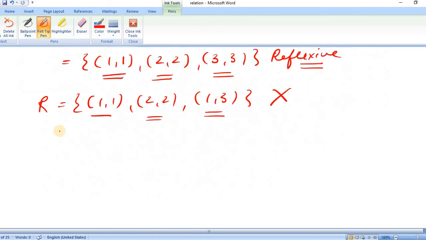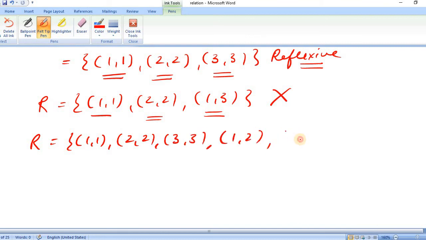Let me give you one more example. If we have R with ordered pairs (1,1), (2,2), (3,3), and let's say (1,2), (1,3) as well. Will this be a reflexive relation? Yes, this will also be, because for all three elements 1, 2 and 3 inside A, (1,1) is true, (2,2) is here, (3,3) is here.